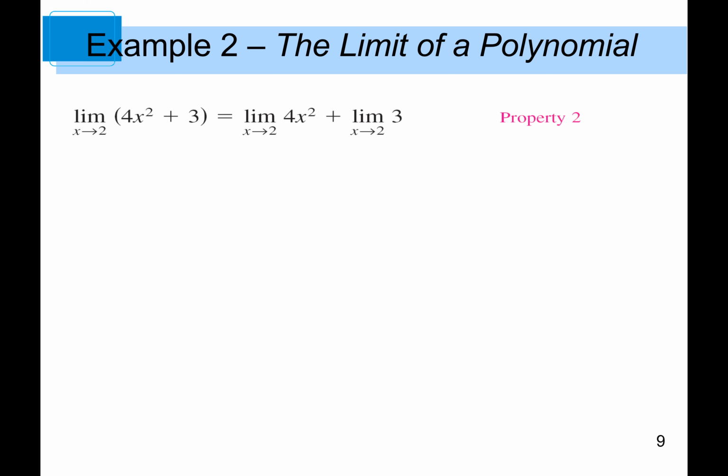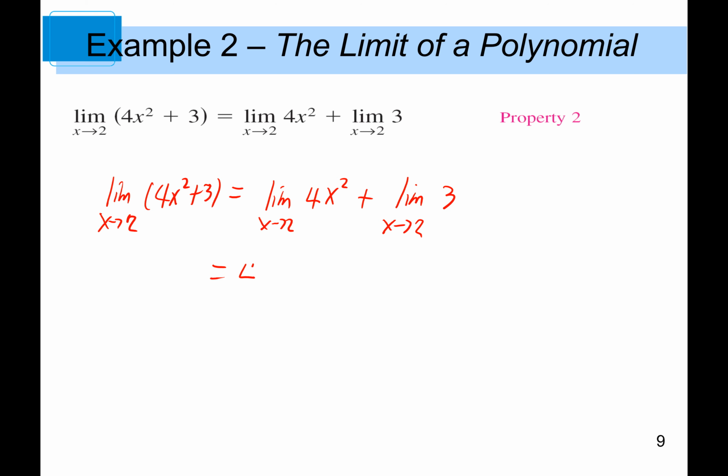Okay, next let's take a look at this. We're going to learn how to find a limit. As you can see, 4x squared plus 3 is a quadratic equation, so it's continuous everywhere, right? For any degree of polynomials. So what you can do is take the limit as x approaches 2 and separate it into two different parts using the property of sums.